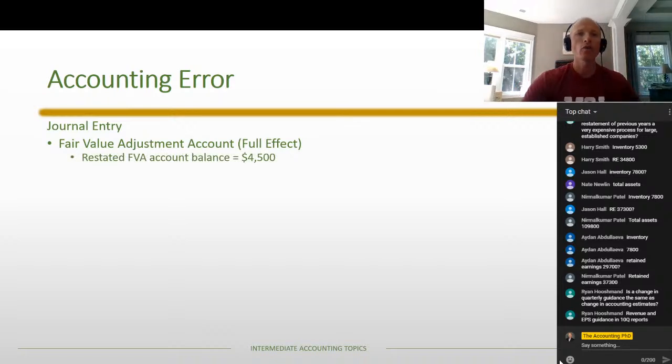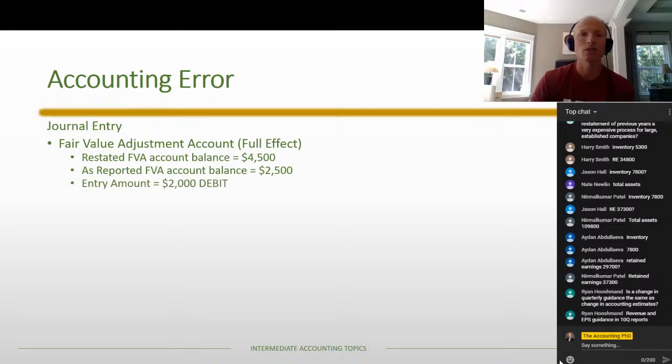And so we know that the restated fair value adjustment account balance should be $4,500. Well, how do we know that? Well, the original cost was $12,500, and we were told the correct fair value was $17,000. And so that tells us the fair value adjustment account balance ought to have been $4,500. But they only reported a fair value adjustment account balance of $2,500. Again, they had reported a fair value of $15,000, not $17,000.